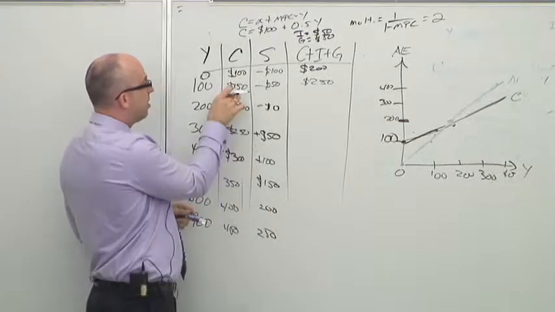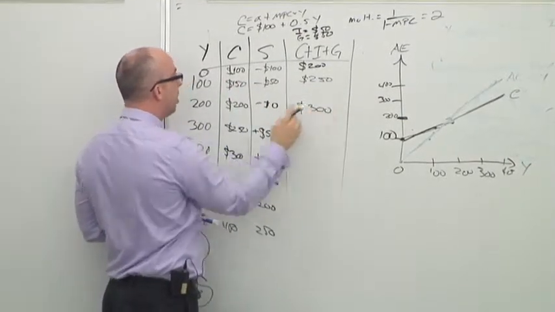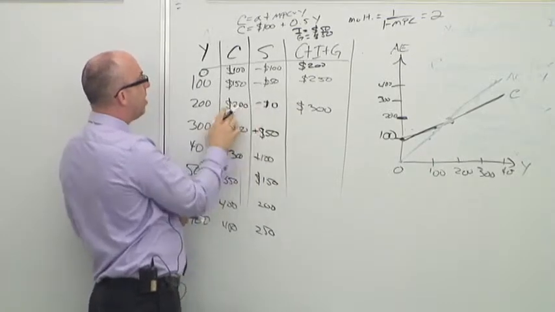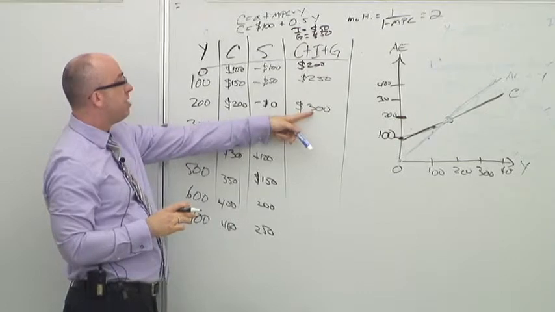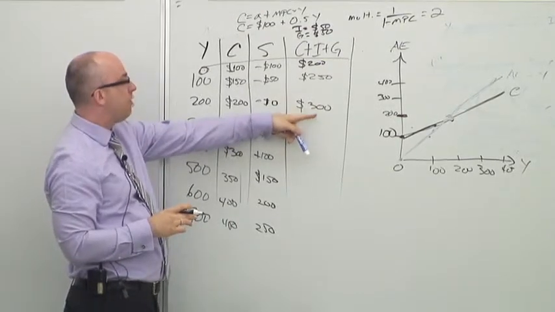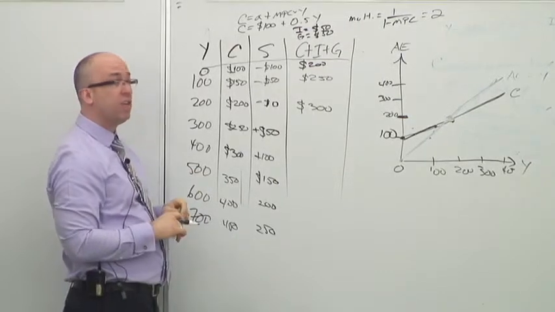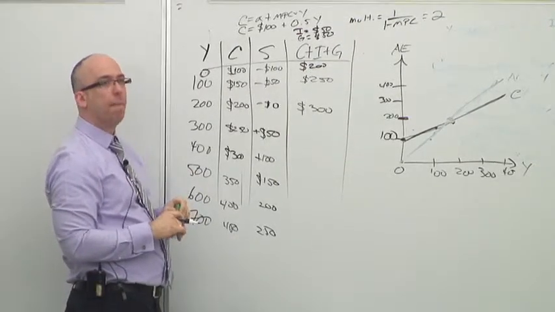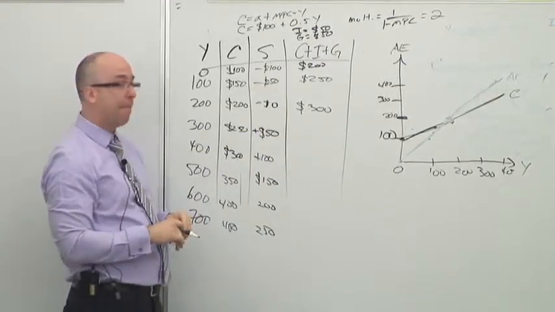So I could just take this column and add 100 every time. 300, but if you look now, you still have to spend more. This is your new spending. In other words, if you're spending 300 and you're earning 200, you're now no longer in equilibrium. We're going to have to keep going down the chart to see what happens.